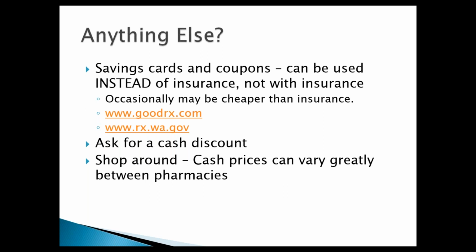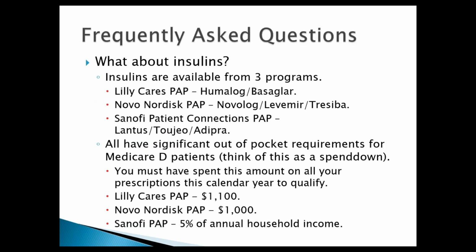You can have the same medication at a pharmacy on one side of the street be $10, and across the street it will be $50. And especially if you're a cash paying customer, unless you shop around, you're not going to know that. So ask for the cash discount, shop around, use GoodRx, use the Washington Prescription Drug Program to see where the best prices are going to be.